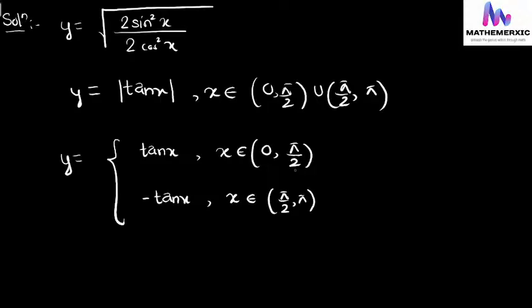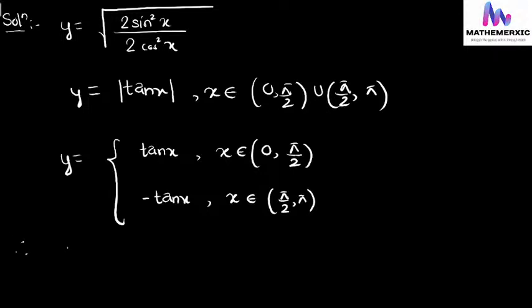Okay. So one of the conditions will be tan x will be there, and in pi by 2 to pi we have negative.